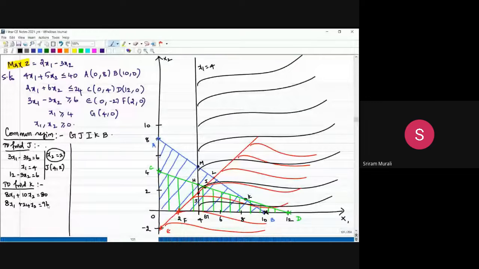Now you eliminate x1. So what do you get for x2? Minus 14x2 is equal to minus 16. x2 will be equal to 8 by 7. What is x1?